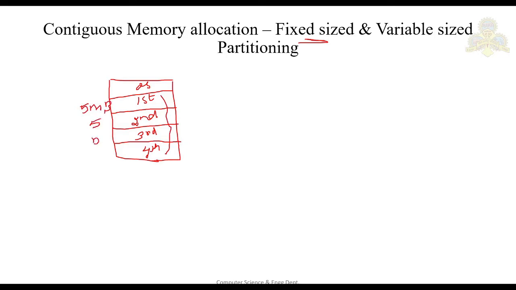Maximum you can keep a process of size 5 MB in this particular hole or fragment. This is nothing but fixed sized partitioning. Now I'll talk about variable sized partitioning.